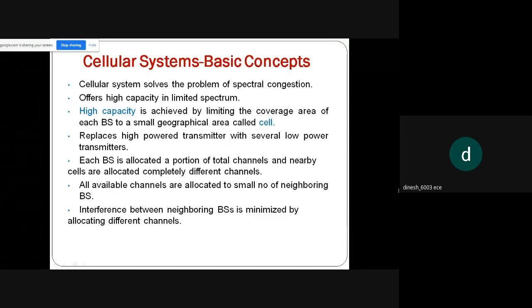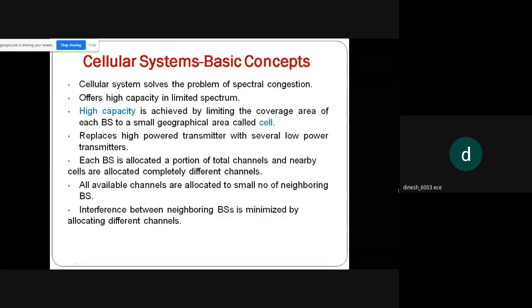So to solve the problem with the existing spectrum, cellular systems were used as a solution. You might be asking, what are those problems? The problem is congestion. Consider a receiver at a single point.